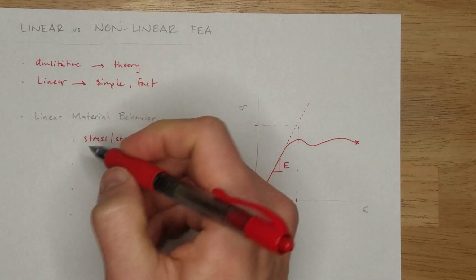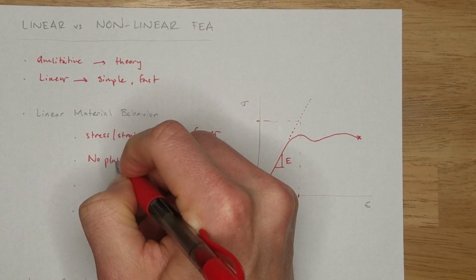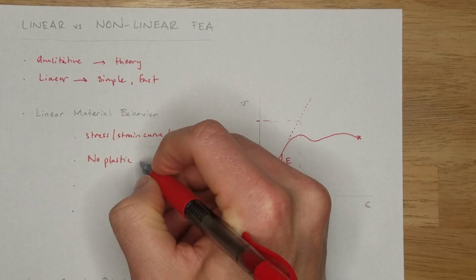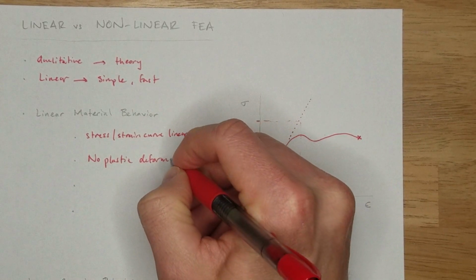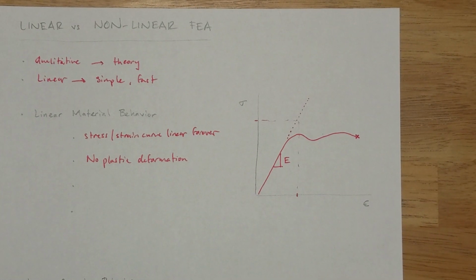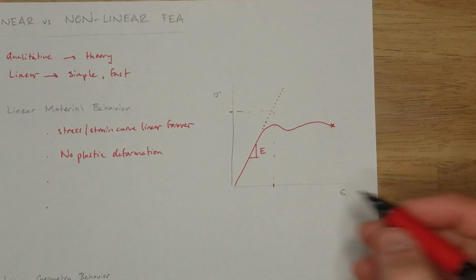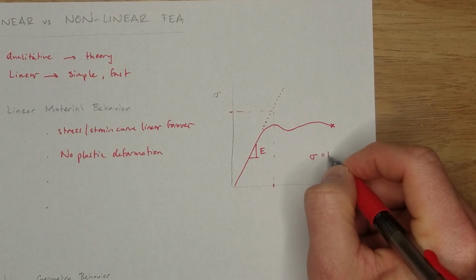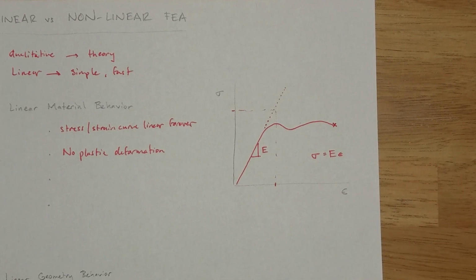And that's very, very key. This may not be a huge deal if the component that we are designing needs to stay below our yield stress. But you need to know that for any given strain, I get a stress. This is the formula. Very simple. Stress is Young's modulus times strain.